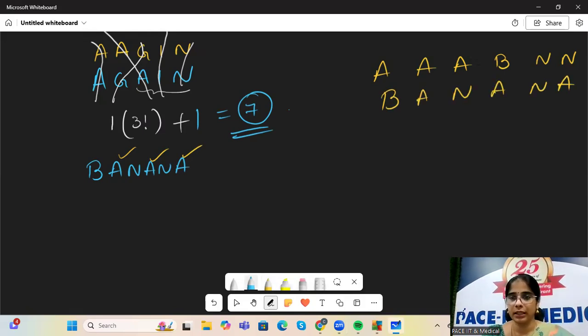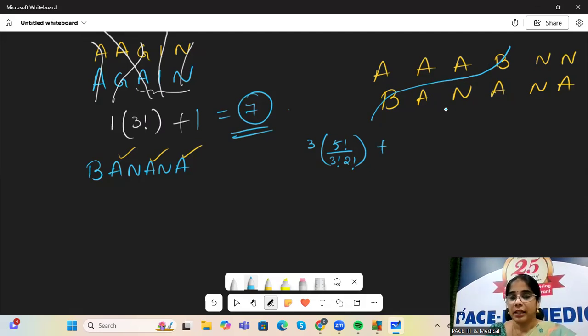We are cutting B with B. You have three places before that, that is a 3 into 2. Now 1, 2, 3, 4, 5 after B, that is 5 factorial. Out of which what are the repetitions? 3 A's and 2 N's. That is divided by 3 factorial into 2 factorial, right? That is what you take.